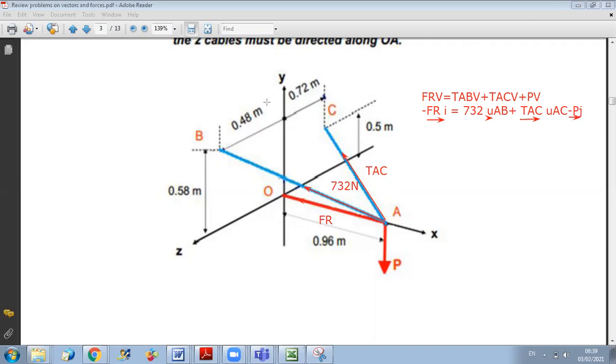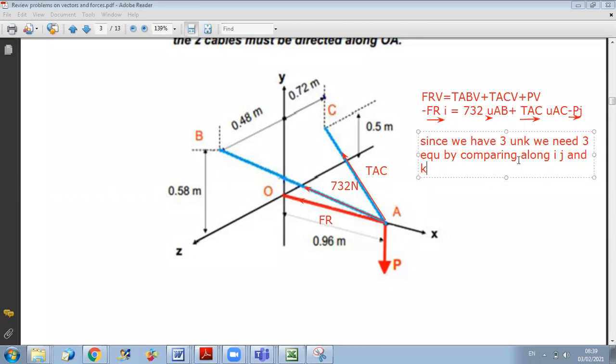So I will write here, since we have three unknowns, we need three equations, and these three equations will be already here because it's a vectorial equation, by comparing along i, j, and k.